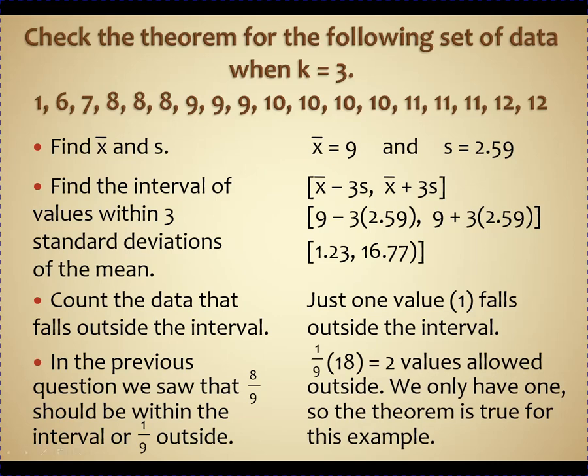Just one value lies outside, so that's 1/18, which is definitely less than 1/9. We know from the previous example that 1/9 could lie outside. So 1/9 times 18, we could have had 2 values allowed outside.